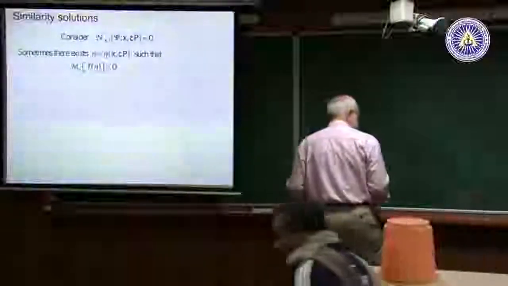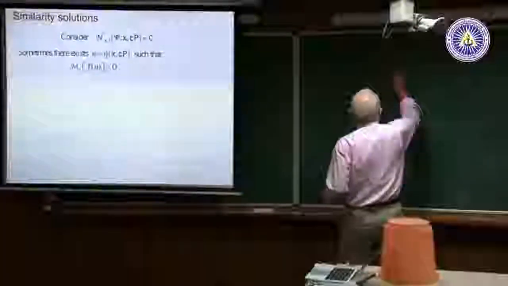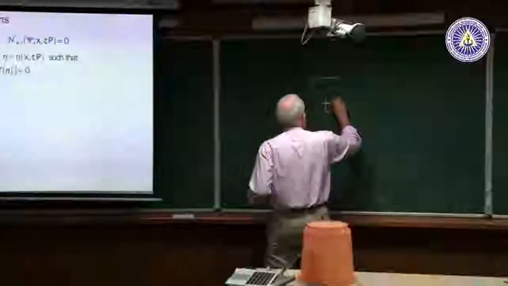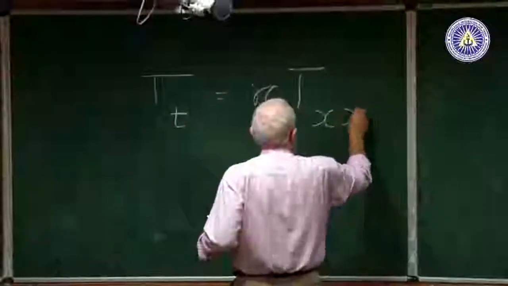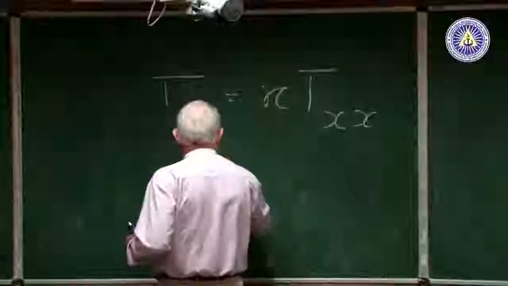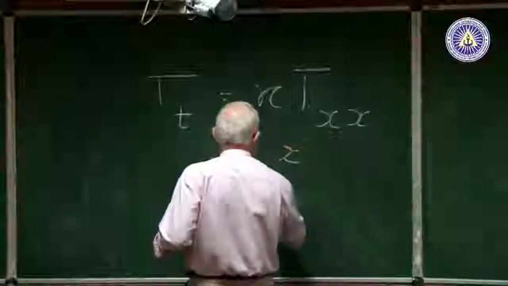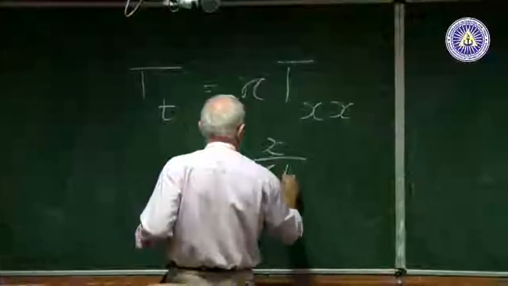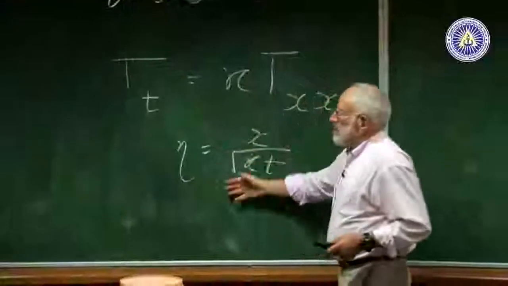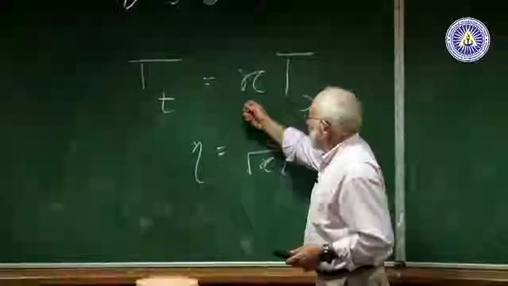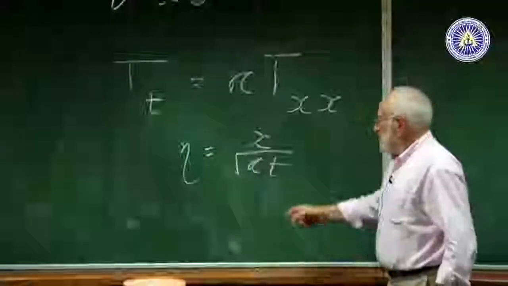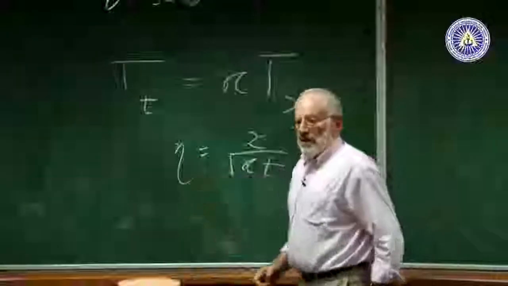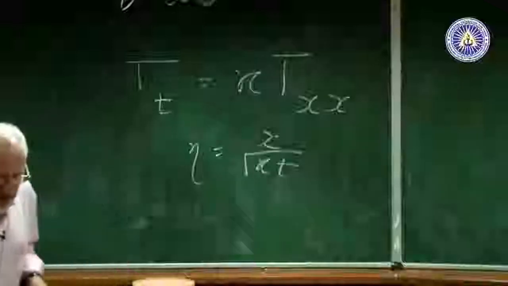The simplest example I can tell you about is T_t = kappa T_xx, the diffusion equation, and then eta would be x over the square root of kappa t. That's non-dimensional, and instead of having this complicated two derivatives equation, you might just have a simpler one derivative equation in eta.